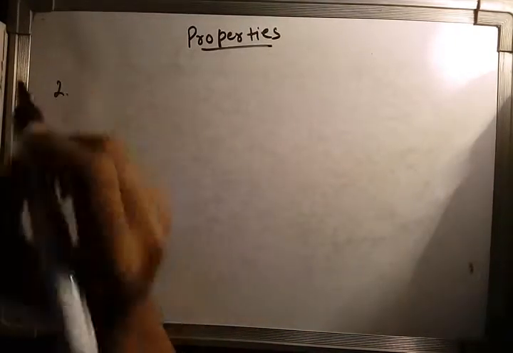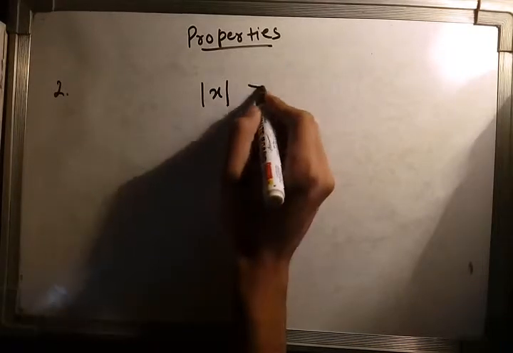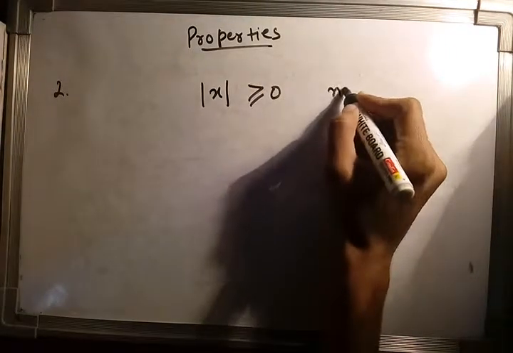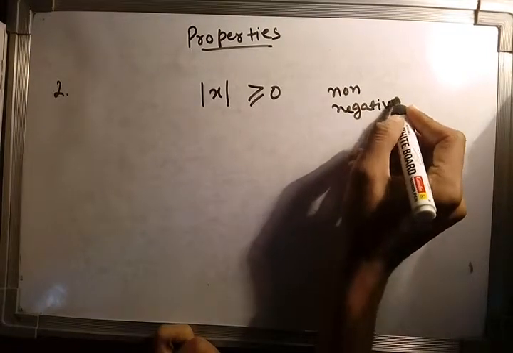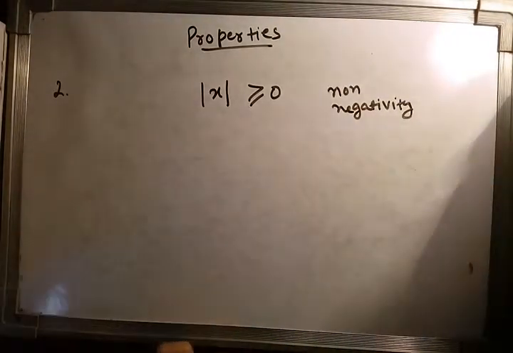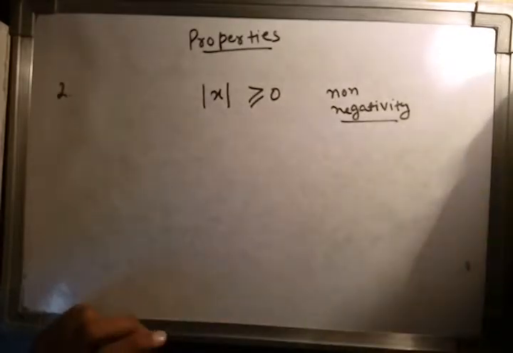Now move on to the next property. The second property is modulus of x is greater than or equal to 0, that is non-negativity. So modulus function is always positive, as I stated some seconds ago.